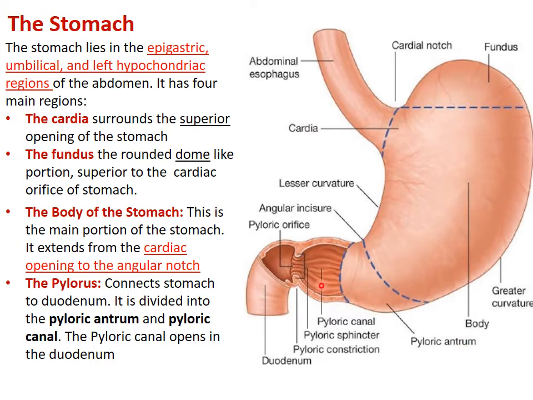And the pyloric canal is very parallel. The rugae are here and they all go to the opening of the pylorus. So it is divided into pyloric antrum and pyloric canal. The pyloric canal opens to the duodenum, through the pyloric orifice. Orifice means opening.